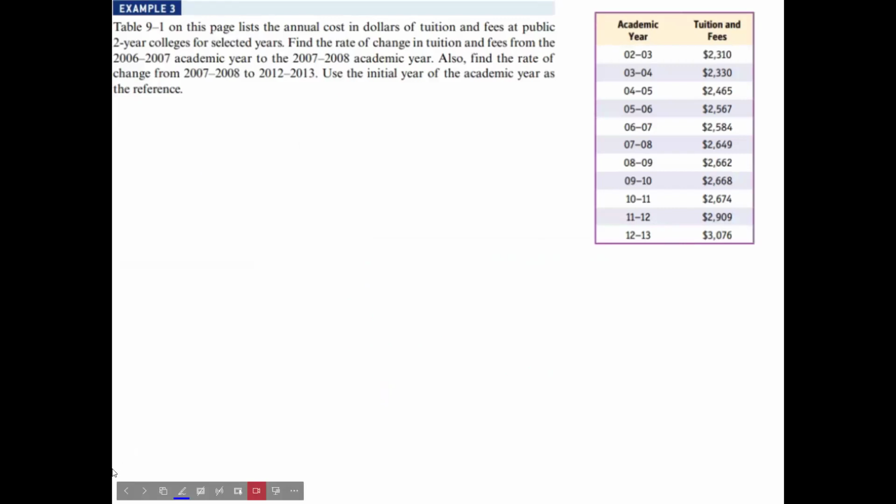So we have a table of tuition in dollars, right? Okay, so we start here. This is the first pair. So the change is the difference.